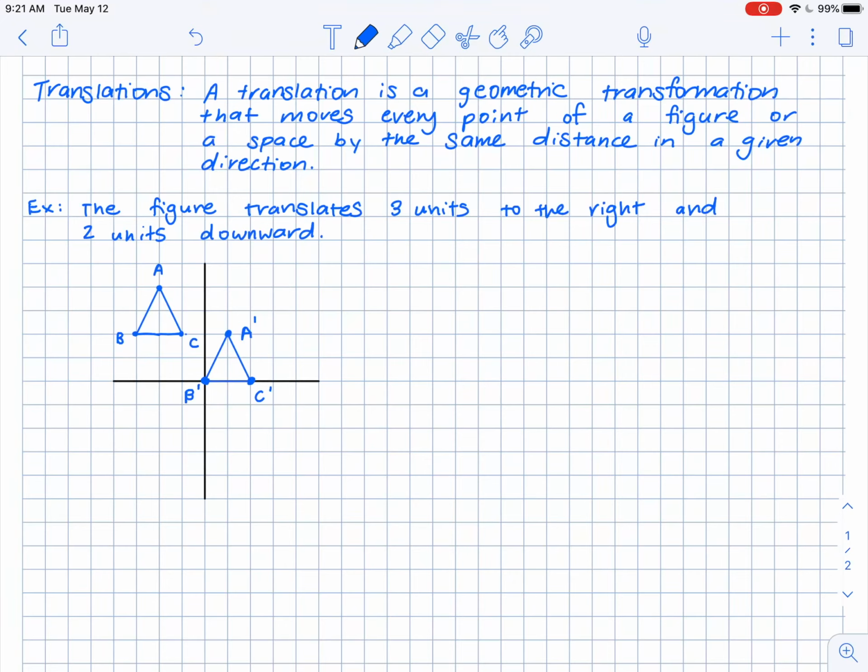Okay, so my initial coordinates were negative 1, 2, negative 3, 2, and negative 2, 4.